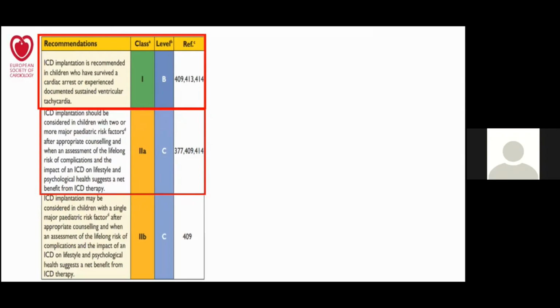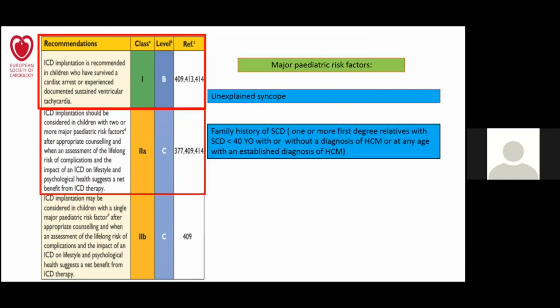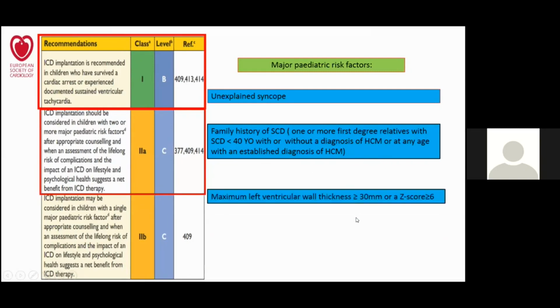factors. There are 4 major pediatric risk factors, which are unexplained syncope, family history of sudden cardiac death, that is defined by 1 or more first-degree relatives with sudden cardiac death who are aged less than 40 at the time of death, with or without a diagnosis of hypertrophic cardiomyopathy, or at any age with an established diagnosis of hypertrophic cardiomyopathy.